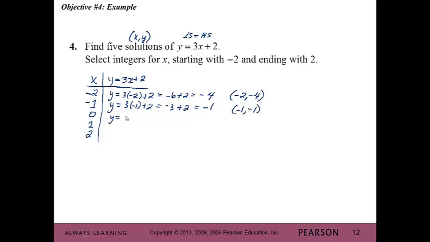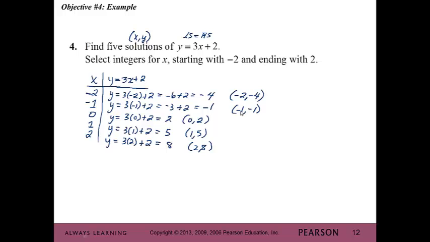And then go ahead and continue your table. And you get the following 5 points.